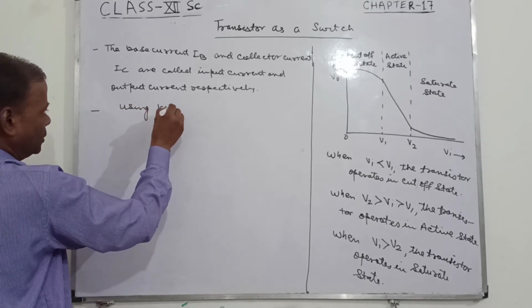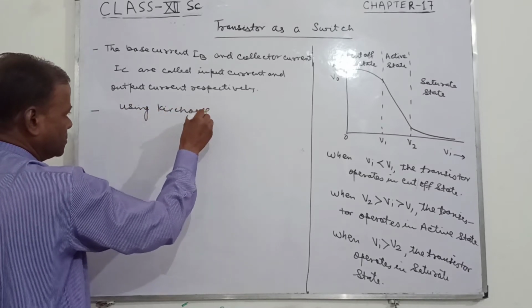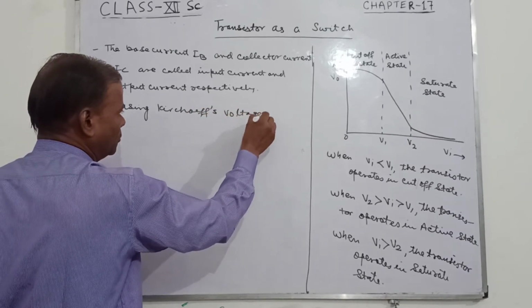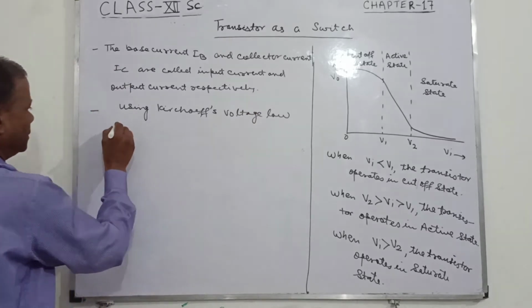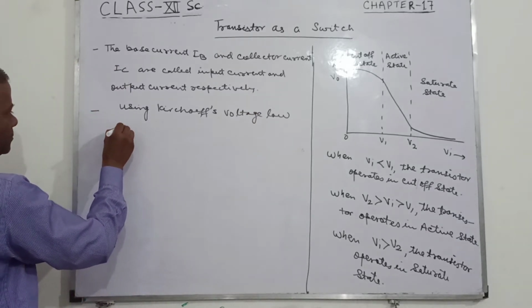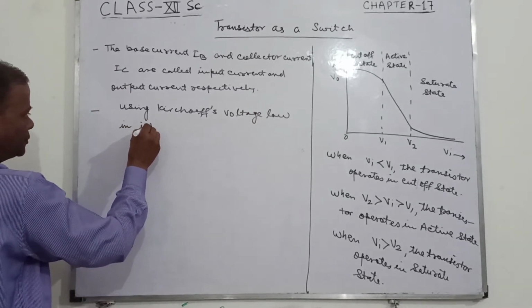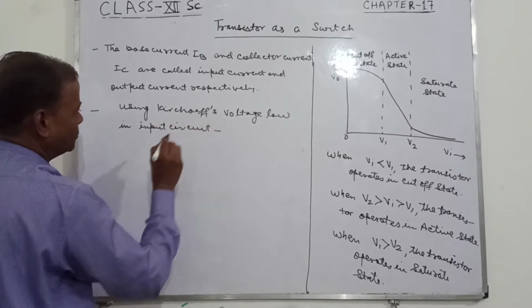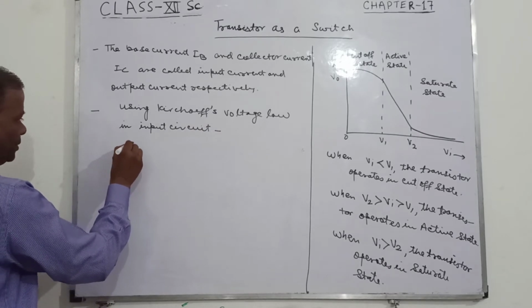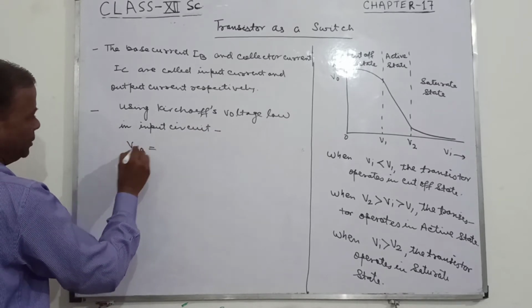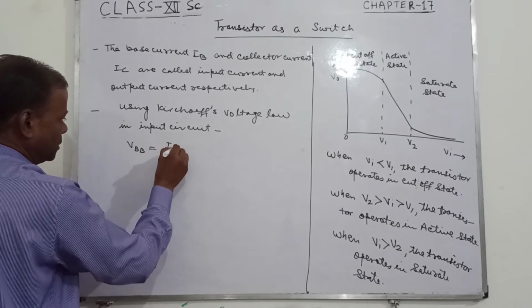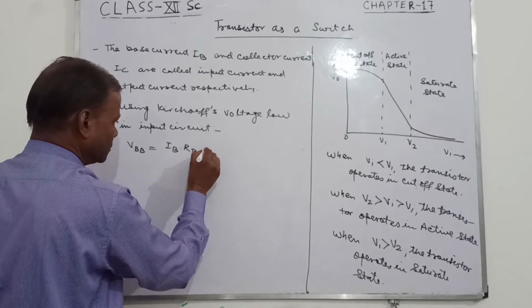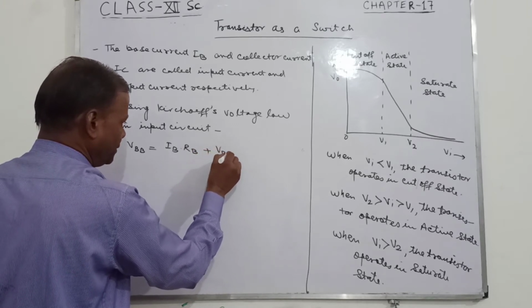Using Kirchhoff's voltage law in the input circuit, we have VBB equal to IB into RB plus VBE.